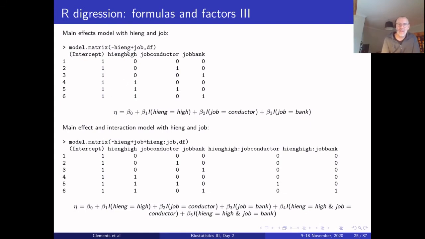Okay, then if we have a main effects model for high energy and job, and that's the formula. Again, it defaults to giving us an intercept term, and then it says, are they high energy, or are they conductors, or are they bank workers?